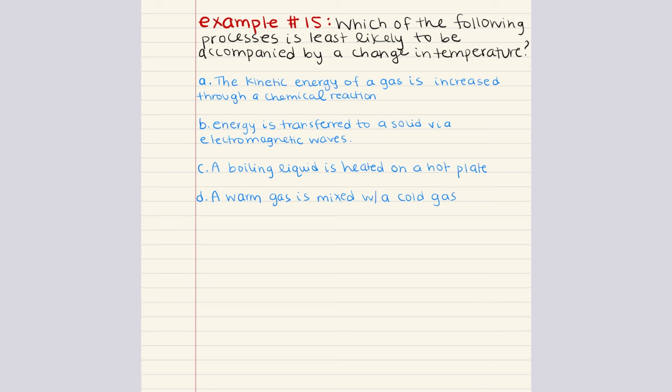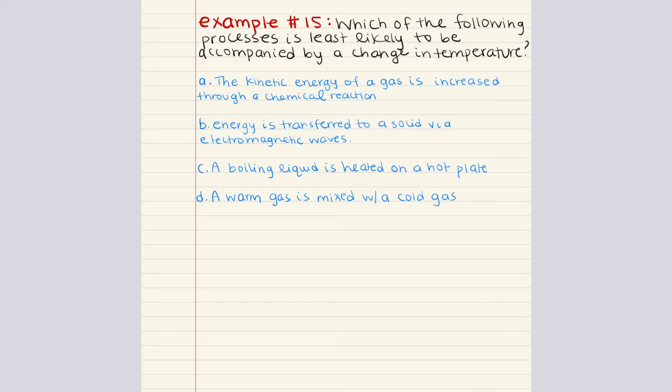Now, the kinetic energy of gas molecules is directly related to their temperature. If the kinetic energy of the gas increases as a result of a chemical reaction, this would typically cause an increase in temperature because temperature is a measure of the average kinetic energy of particles. So this process would likely result in a temperature change.